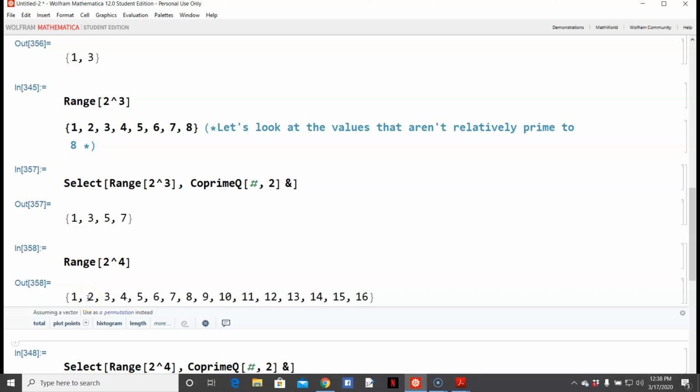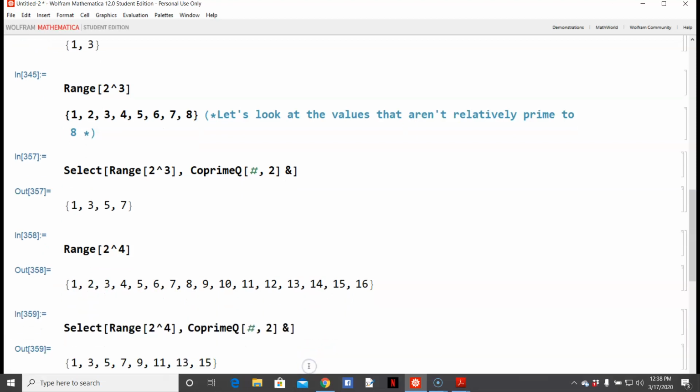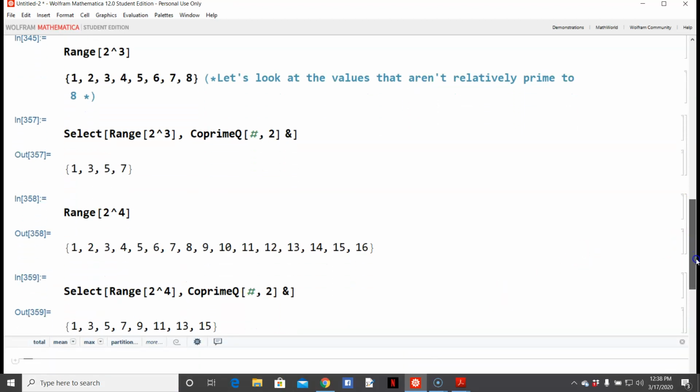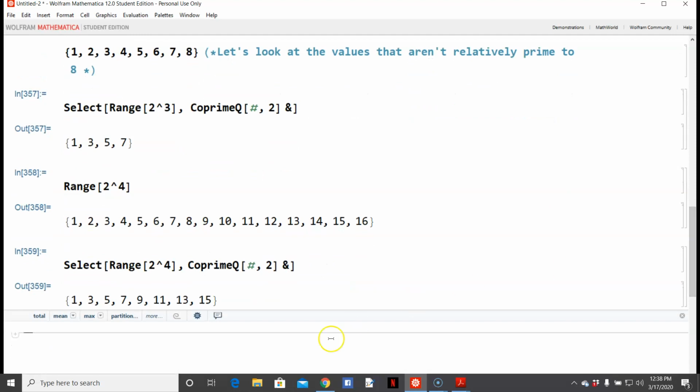So, once again, when I'm working with the prime power 2 to the 4th, anything that's divisible by the prime 2 has to be removed, and all the rest will be relatively prime. And sure enough, when I do that, I'm left with precisely the odd values between 1 and 16.